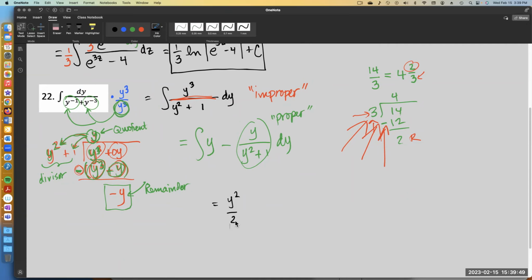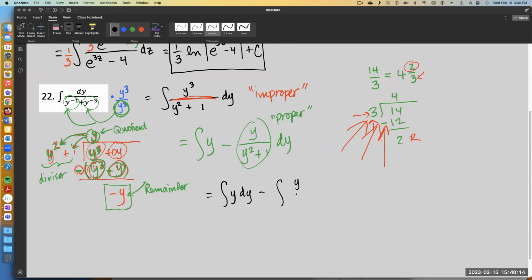And what form is this second part almost in? It's almost in log form. Let me just rewrite it down here to make sure that everybody's seeing that. We can separate this into 2 integrals.